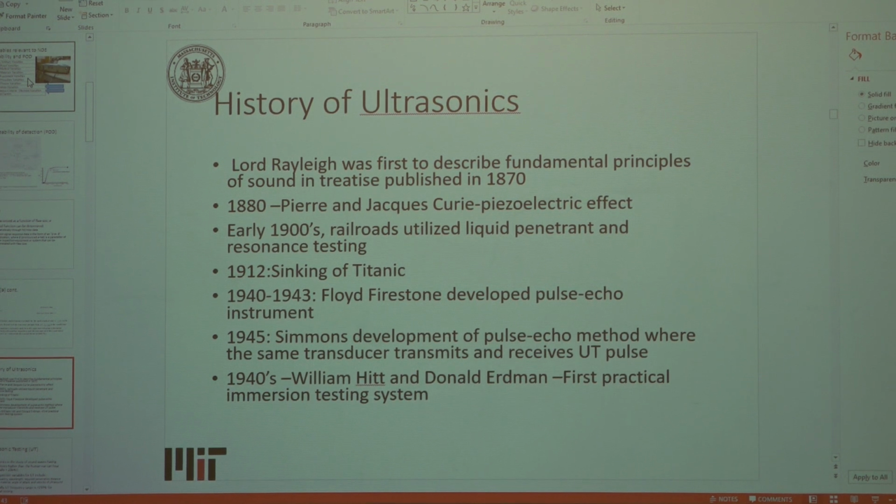One of the interesting things that got the ultrasonic industry going was the sinking of the Titanic. This is where some of the initial inventions and patents related to sonar came about, to see where they could find the Titanic after it sunk. They had a general idea, but if you're out in the ocean, you have waves.